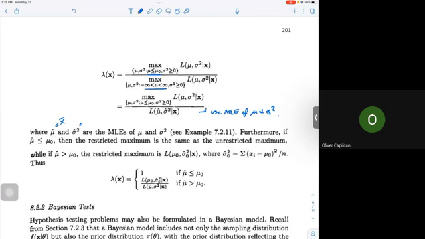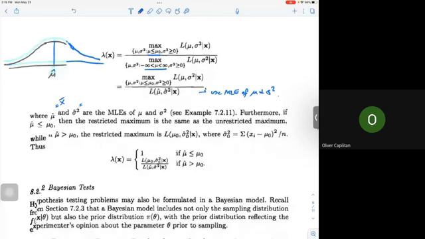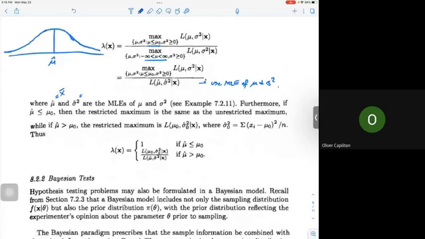Ito para makita nyo i-graph natin. Say, ito yung graph ng ating likelihood function. Okay? Ito yung ating mean, no? Mu hat. Kulang talaga yung space na nilagay ko.